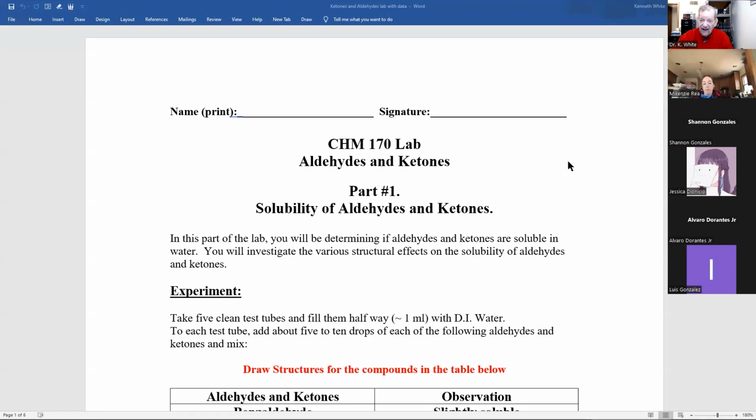And as you know from test number 2, this is an aldehyde, and this is a ketone.